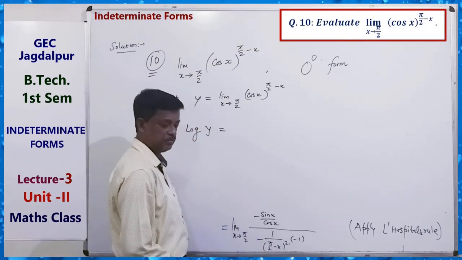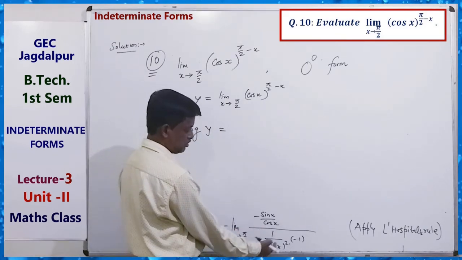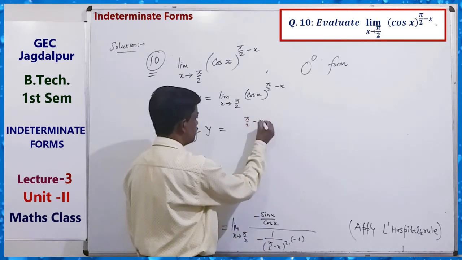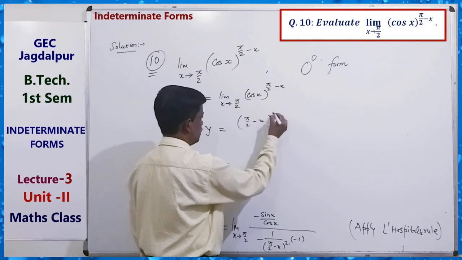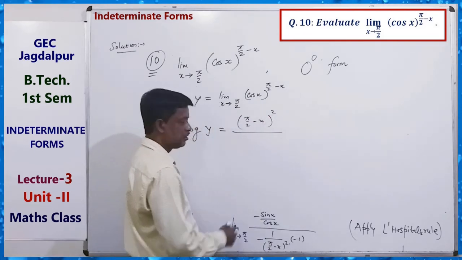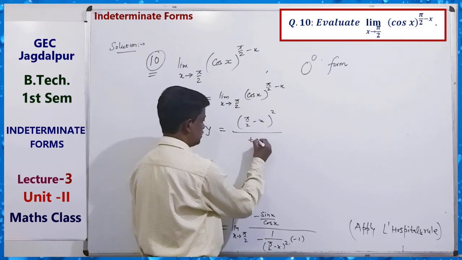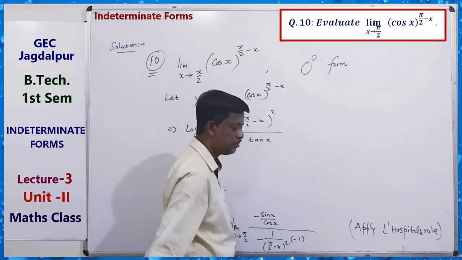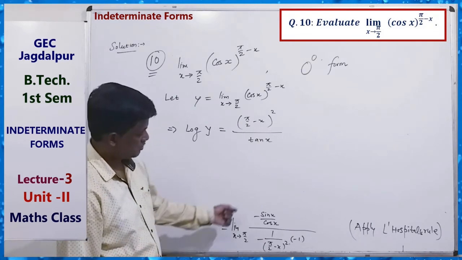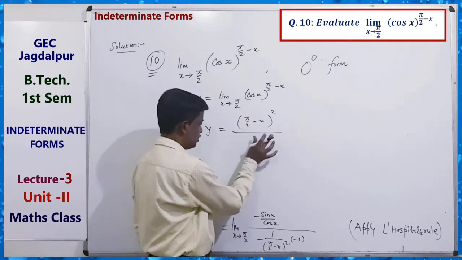Infinity by infinity form. So it can be written like this. Minus minus plus, this tending to pi by 2 minus x square upon, what? Tan x, sorry, cot x.